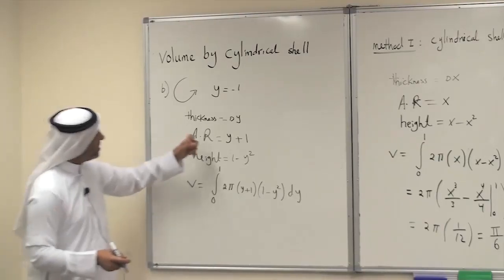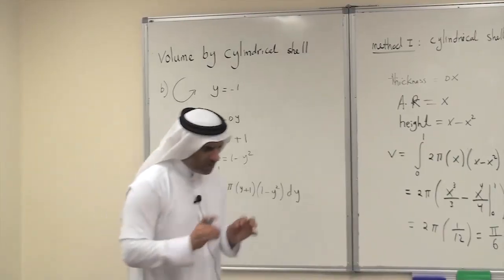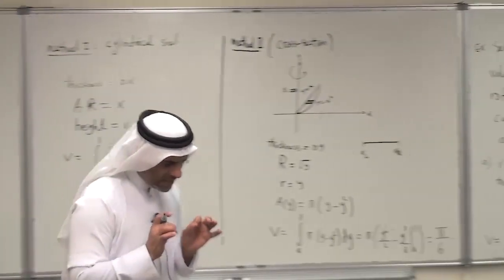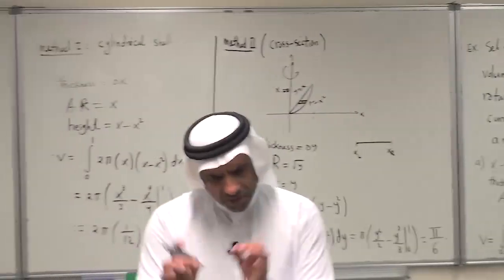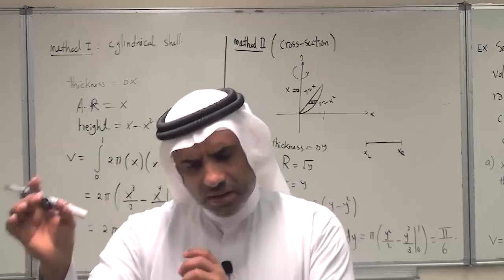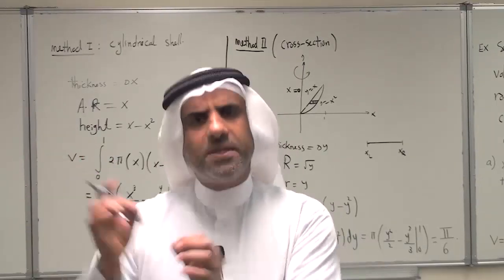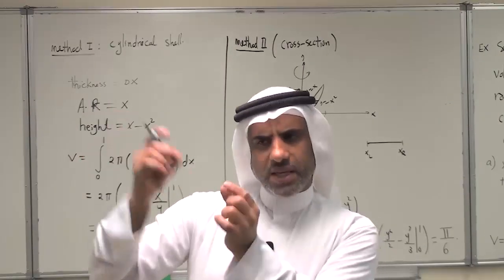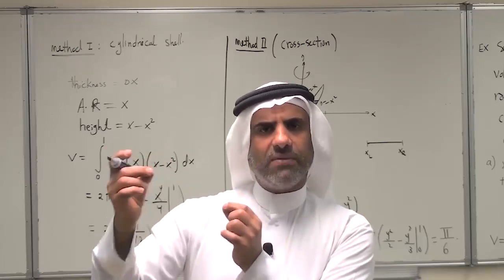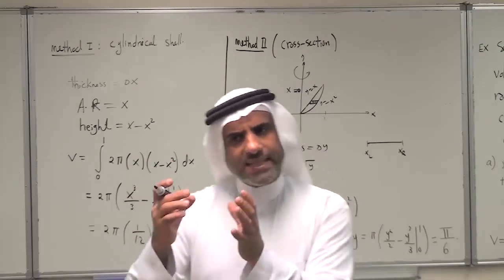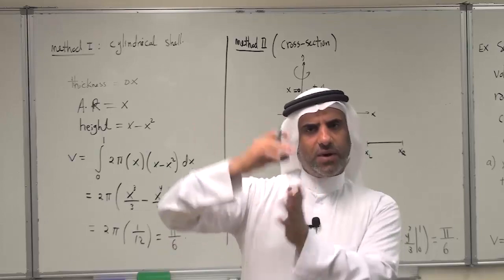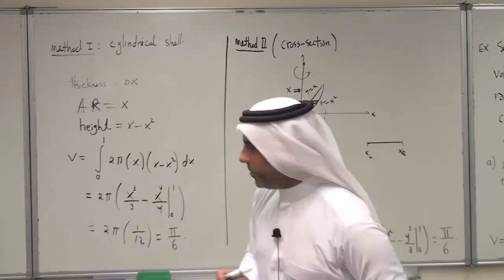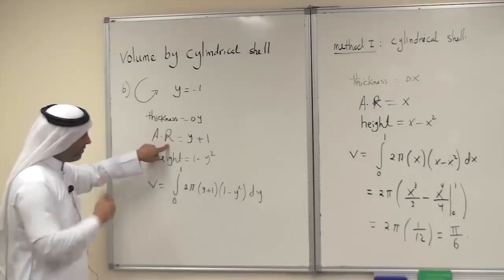So the average radius is changing. If you remember, when we talked about cross sections, if we change the axis of revolution, then the outer radius and inner radius keep changing if we have a washer. If we have a disk, the radius changes if you just change the axis of revolution. Here, the average radius changes if you change the axis of revolution.